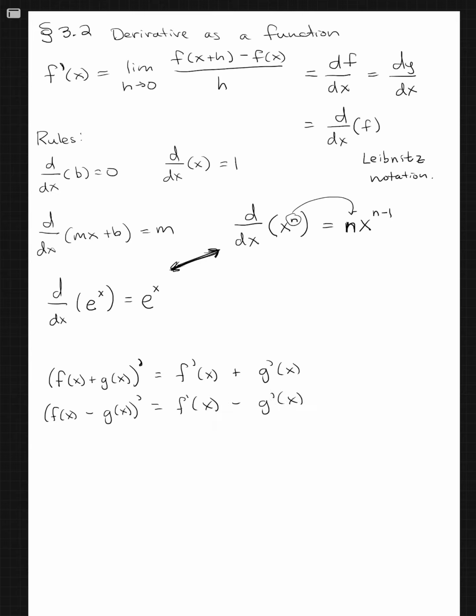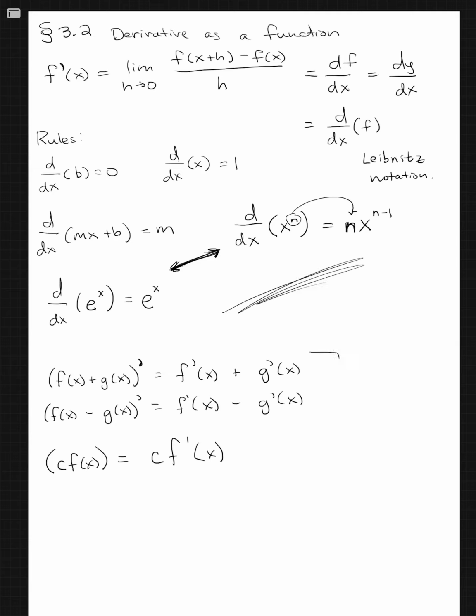And like our limit rules, it also works for constant multiples. So the derivative of c times f of x is going to be c times the derivative of f of x, right? So we can pull constants out. We can break it up over sums and differences, and we've got a couple of baseline ones to work with.